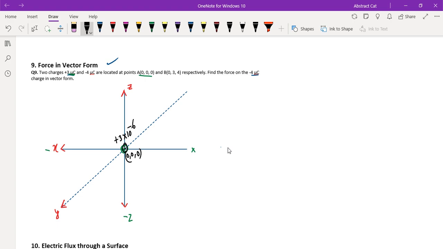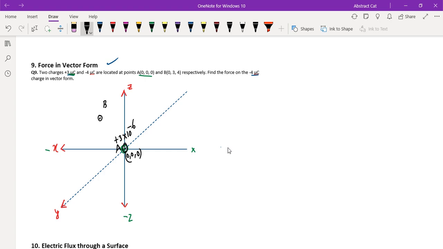And another charge is at point B (0, 3, 4): on the y axis it is 3, and then we get 4. Suppose the point B is here.